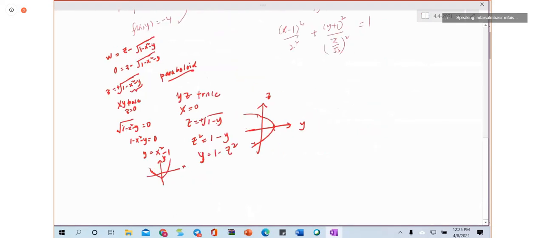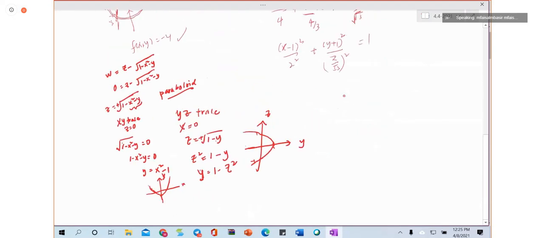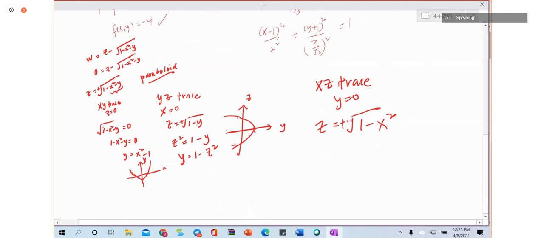And then for x equals 3, y is 0. y equals 0 means you have z equals, again, just the positive part. Positive part means we do not need to consider this, just this. Understand?